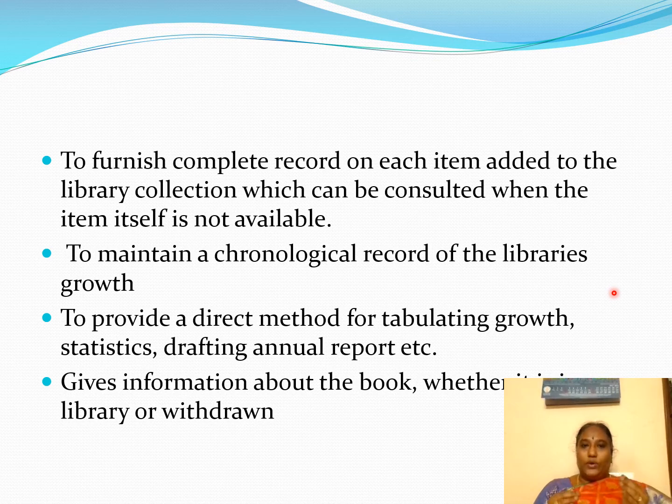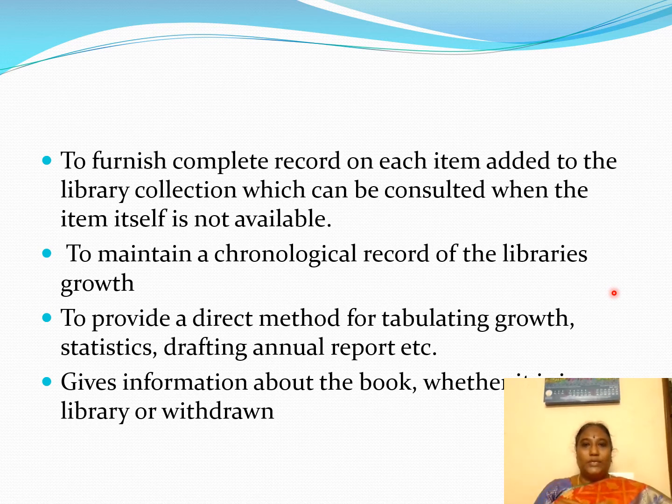If the books are not available on the shelves because they have been issued to some other persons, in those cases library books are not available on the shelf or racks.